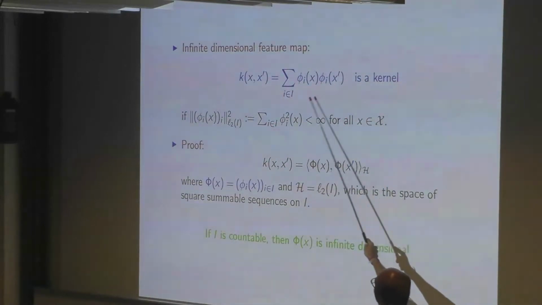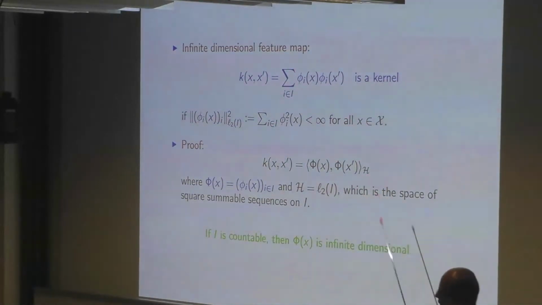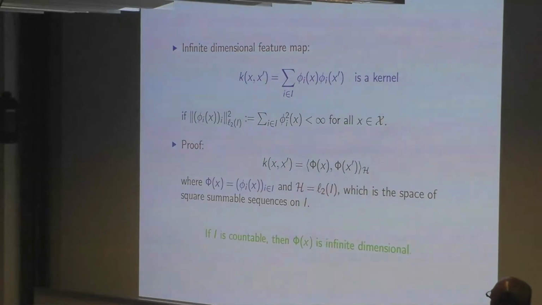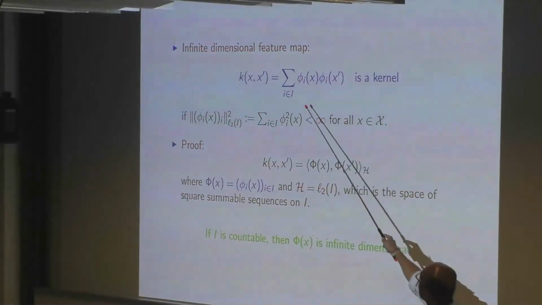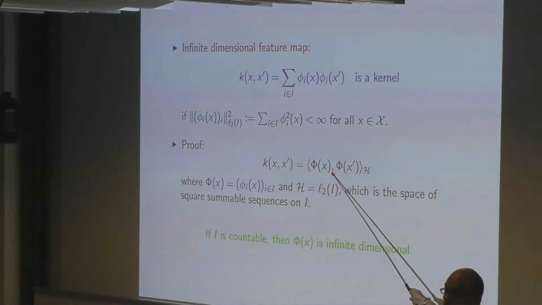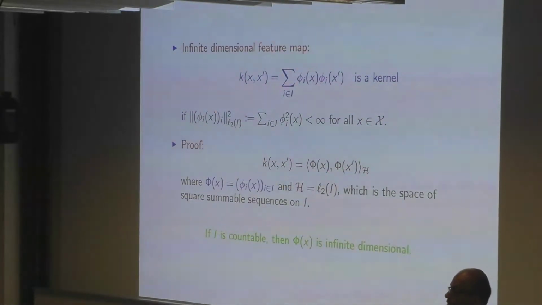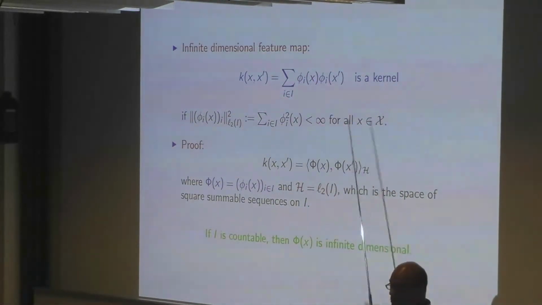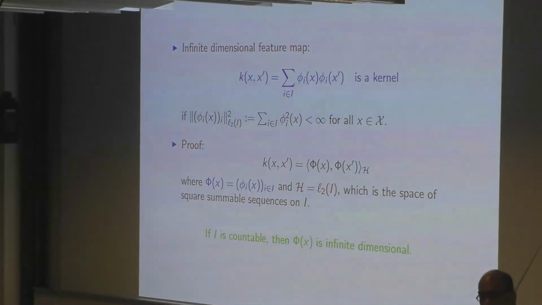If I have a bivariate function like this, that bivariate function is also a kernel. In fact, if I is countable, then the feature map that I'm constructing here is going to be infinite dimensional. One can also do something like that with a Gaussian kernel, and you will see that in the case of a Gaussian kernel, the feature map is infinite dimensional.